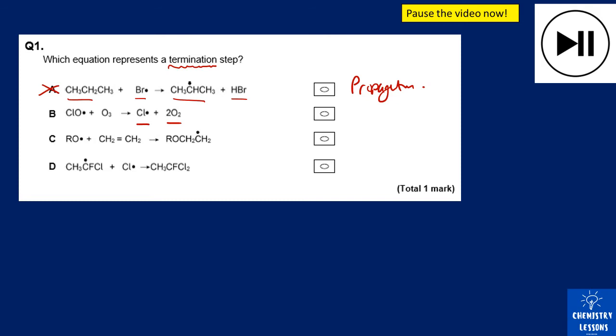And C, again, we've got a free radical with a non-free radical producing a free radical. So again, if I was backed into a corner, I'd call this a propagation step. Going to D then, I've got a free radical with a free radical to a non-free radical. That fits exactly what I said at the start. So without even looking at the answers, I'm making sure that I understand what a termination step is.